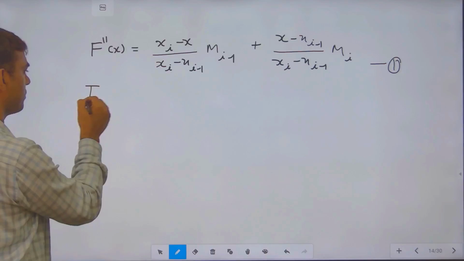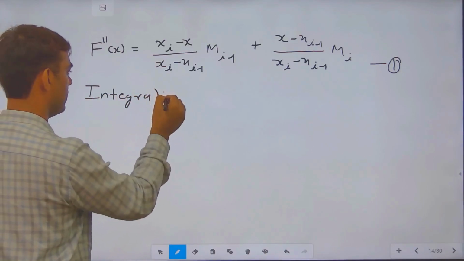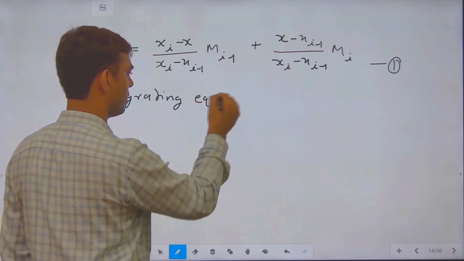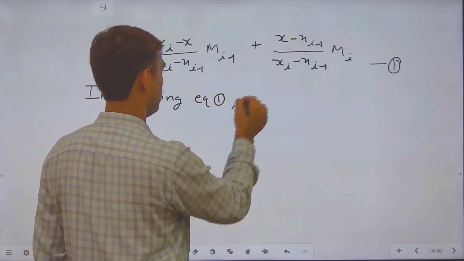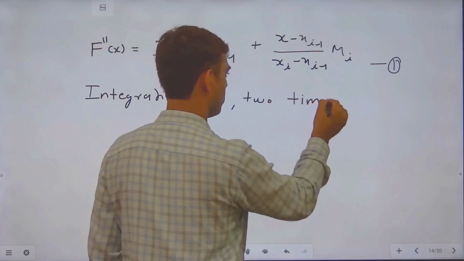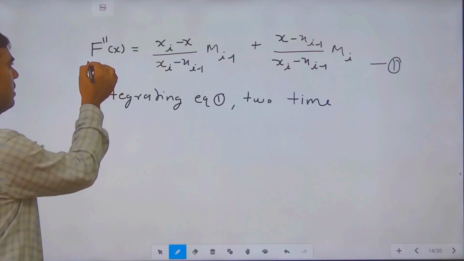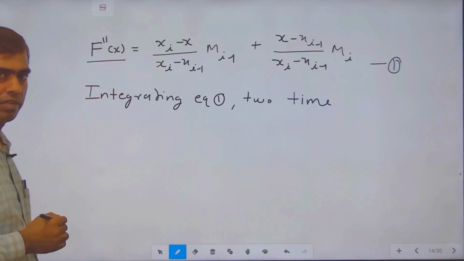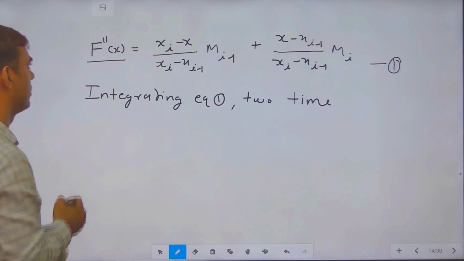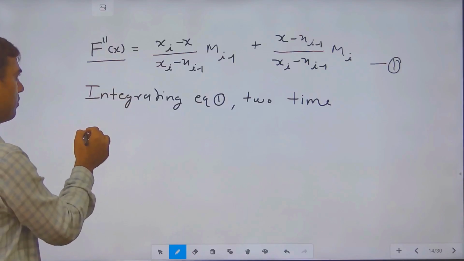Integrating equation 1 two times, obviously, since this is a second derivative, we are able to find the value of the function with two constants of integration.